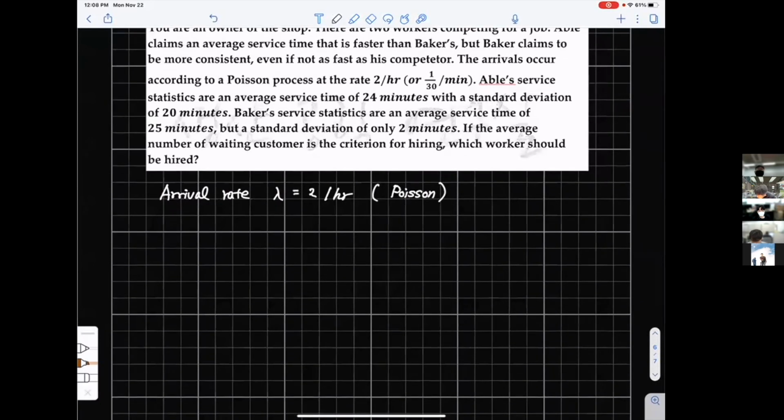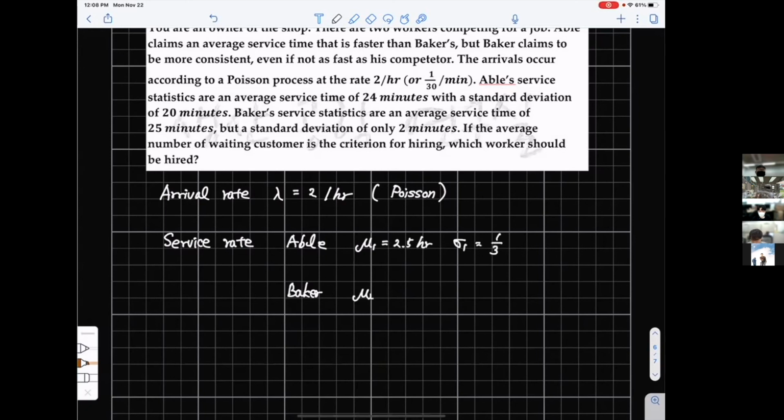And the service rate is a little bit different. There are 2, Abel and Baker. With respect to Abel, the service rate is mu1, 2.5 per hour, and the standard deviation is 1/3.